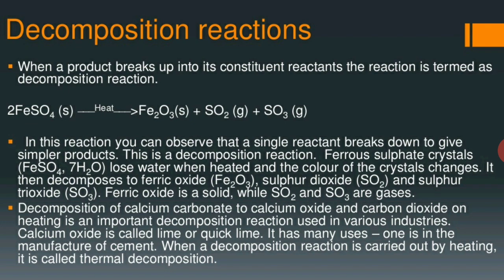For example, decomposition of ferrous sulfate, decomposition of calcium carbonate. These are examples of thermal decomposition. Another example, decomposition of quicklime. Quicklime is calcium oxide. Okay, we will discuss in detail.